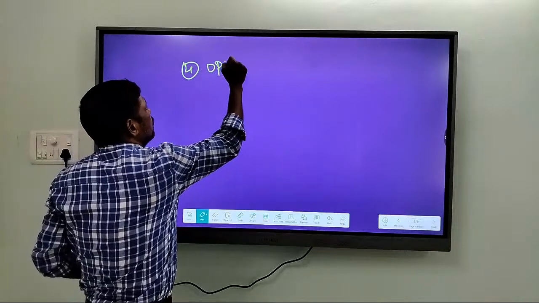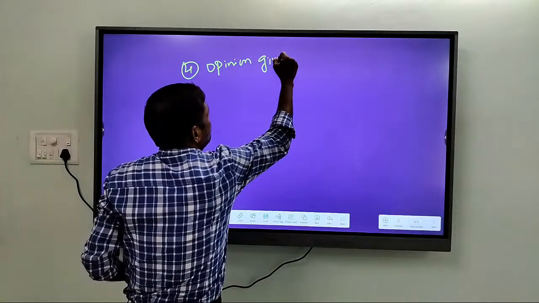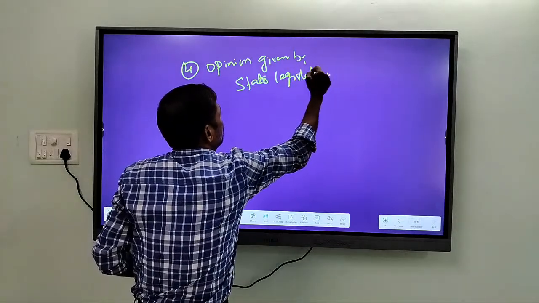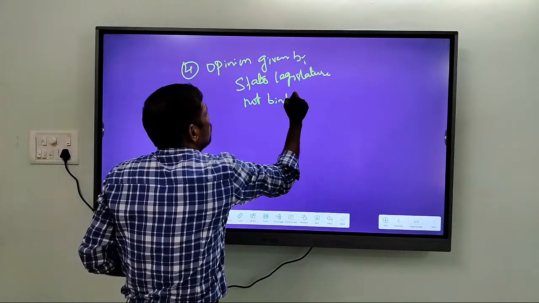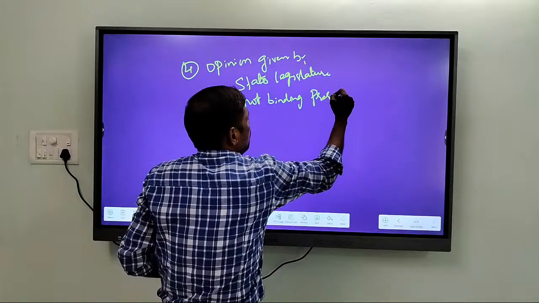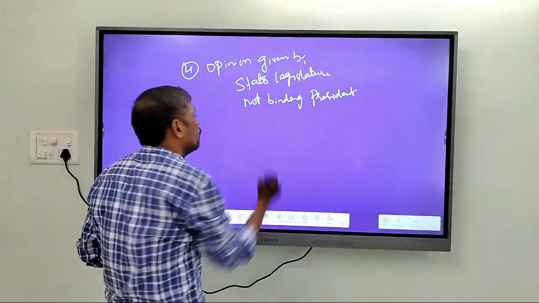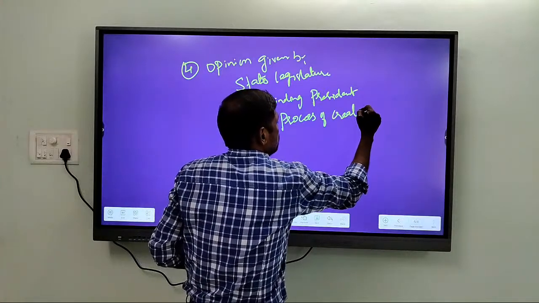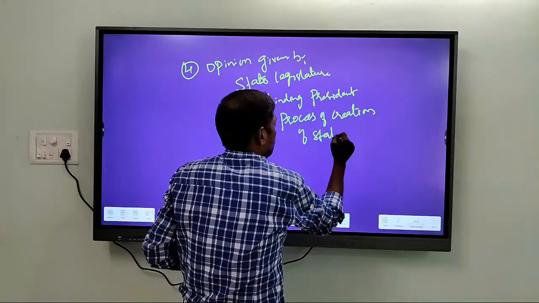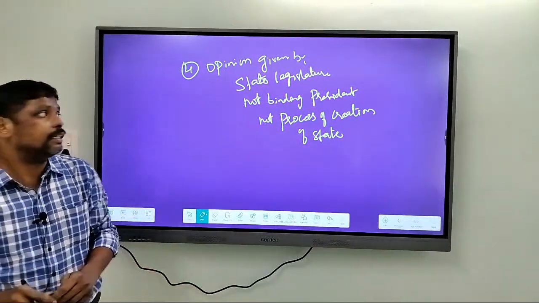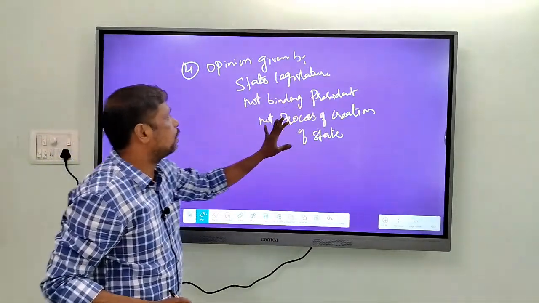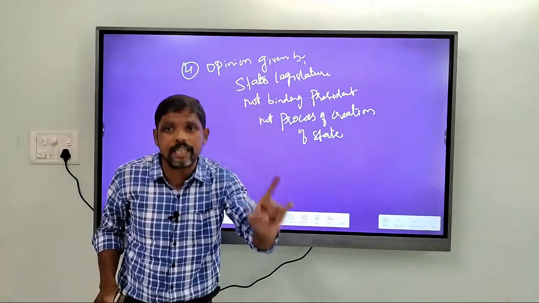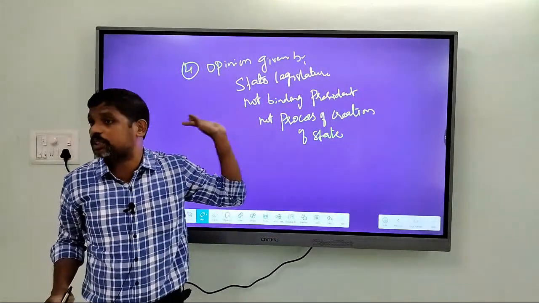The opinion given by the state legislature is not binding on the President of India, nor on the process of creation of states. That means irrespective of the opinion given by the state legislature, the President of India can take a decision.